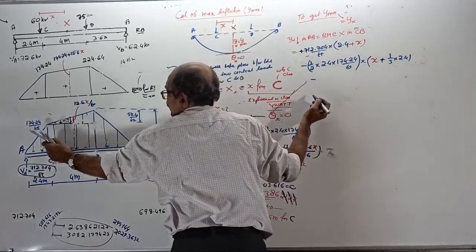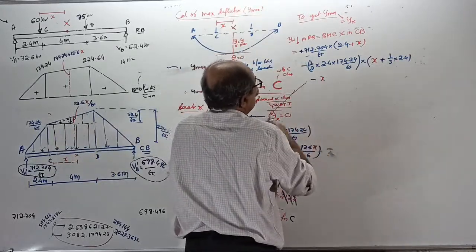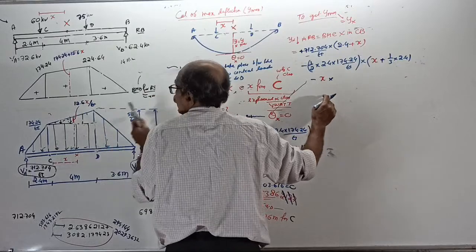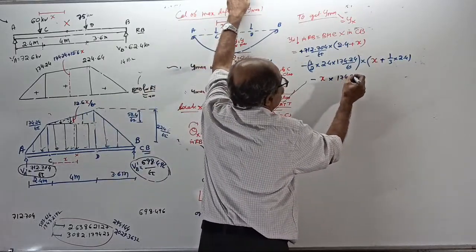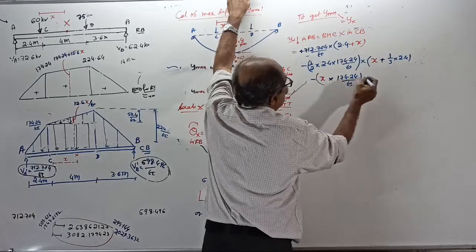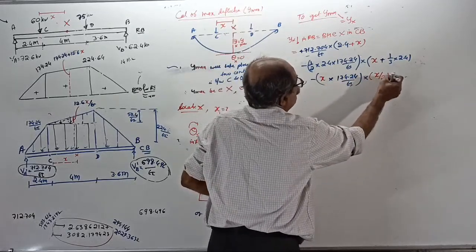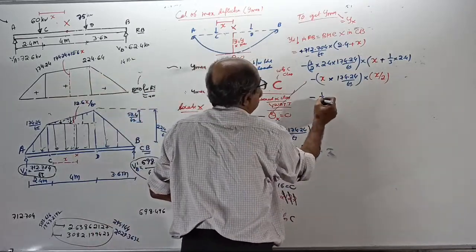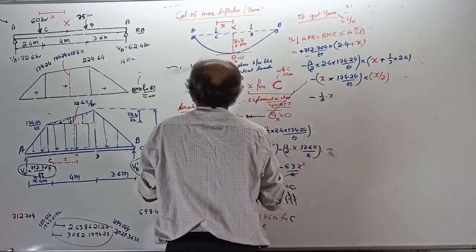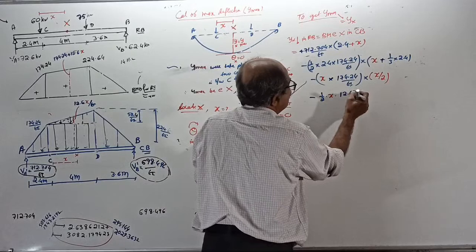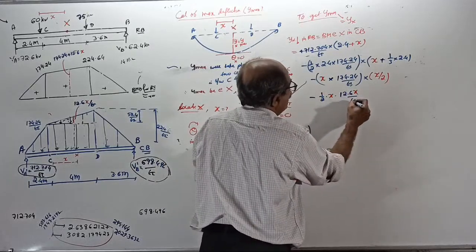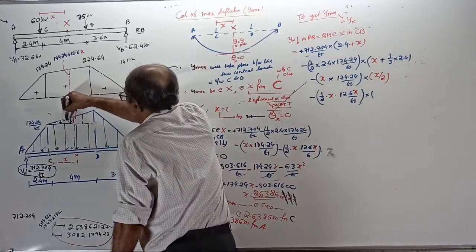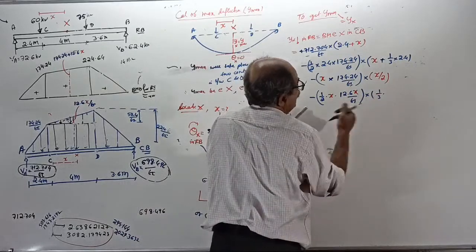Again minus this rectangle: x into 174.24 by EI, into half of x, x by 2. Lastly minus the moment of this triangle load: half into x into 12.6 times x by EI, the total load, into 1/3 of x.